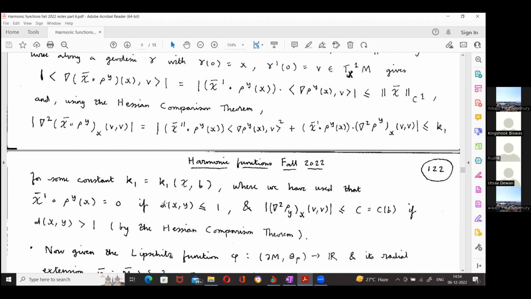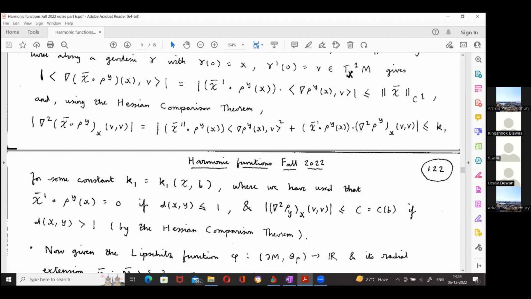So if the distance between x and y is less than or equal to 1, then this second term vanishes because chi bar prime composed with rho y becomes 0. Whereas if the distance between x and y is bigger than 1, then we use the fact that the Hessian is bounded above.